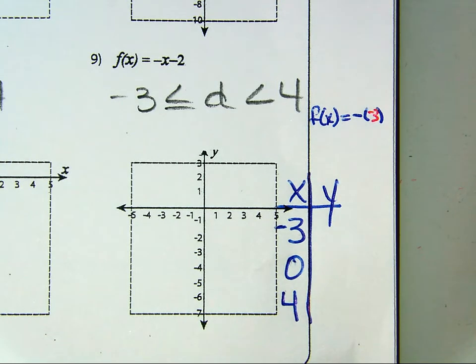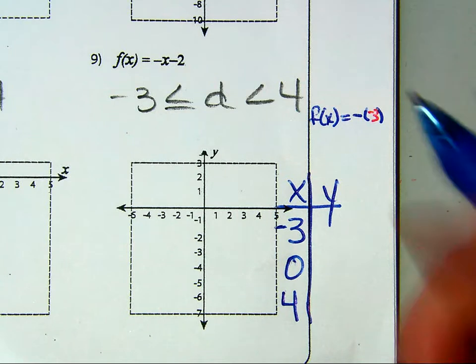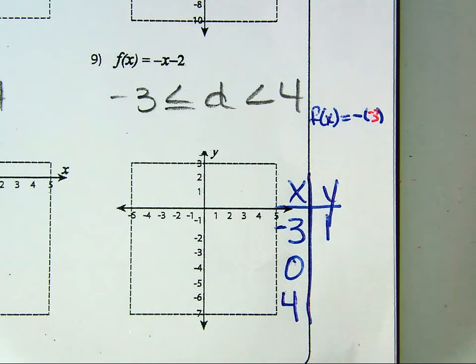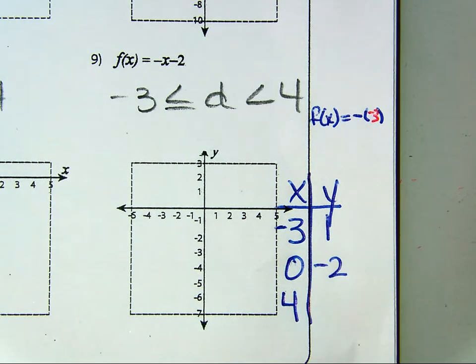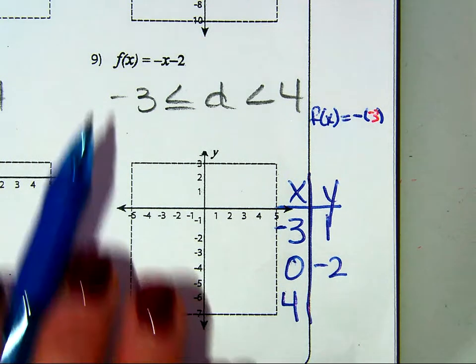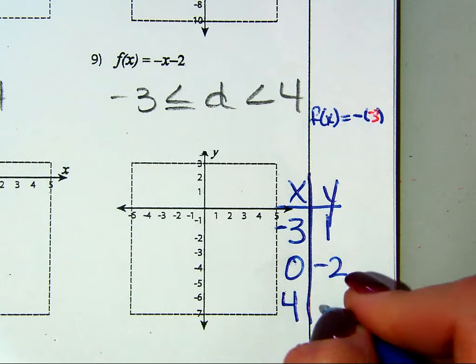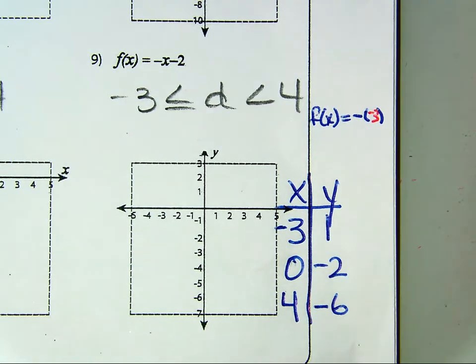And so this is going to be +3 minus 2, which is going to be 1. Do you see why that's 1? Okay, 0 doesn't matter because the opposite of 0, -0, is just 0. 0 minus 2. And then the opposite of a +4 is -4. And then -4 plus a -2 is -6. Are you okay with how I got those points?